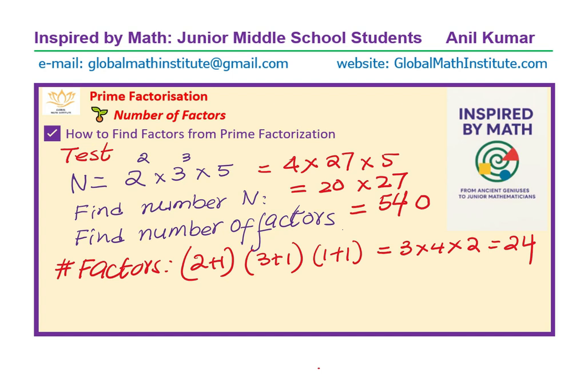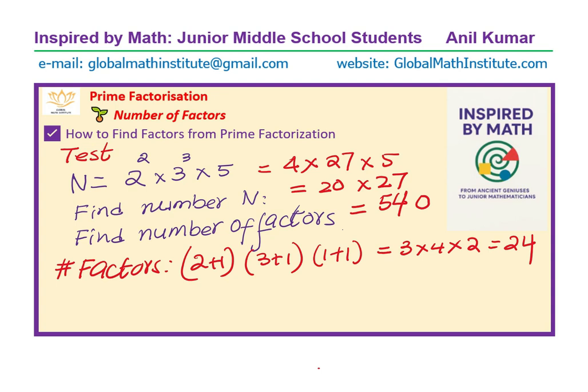So I hope you've understood the whole exercise of how we factor to start with. What are factors, correct? How do we find all the factors of a number, making a rainbow? But if the number is very big and we want to find the number of factors, it becomes very difficult. So what we do is prime factorization, and from prime factorization, we can easily find the number of factors.